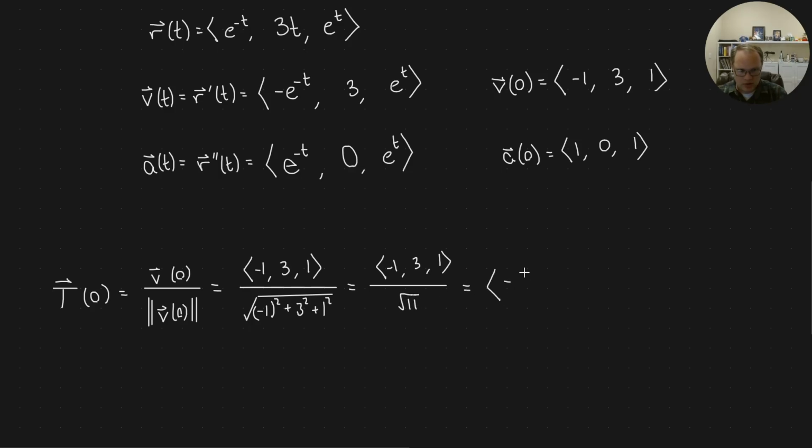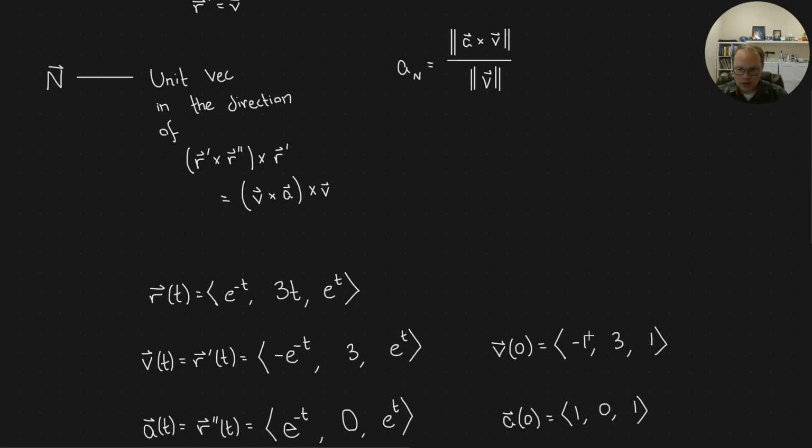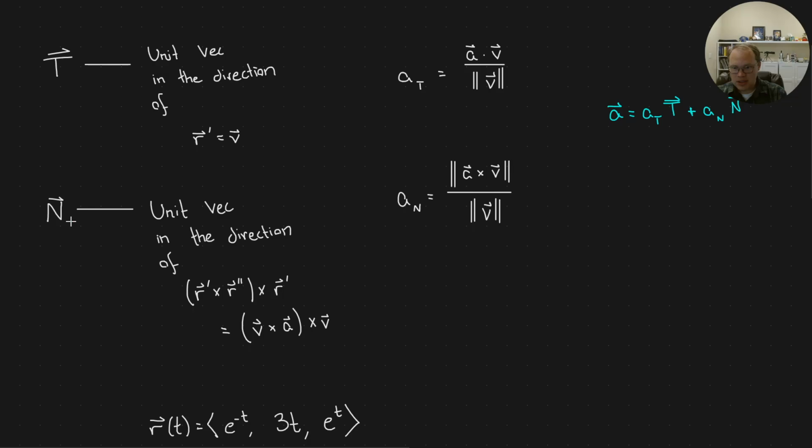So my final answer is negative 1 over root 11, 3 over root 11, 1 over root 11. That's the unit tangent vector to the function at t equals 0. Okay, so one down.